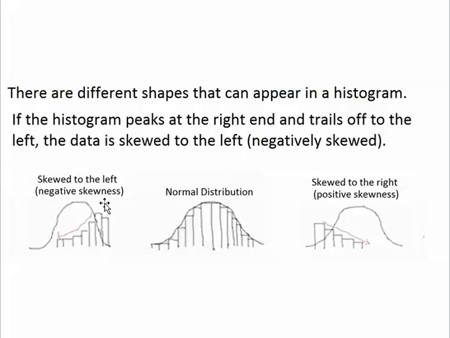Skewed to the left means that it actually peaks at the right end and trails off to the left. And skewed to the right means it actually peaks at the left end and then trails off toward the right direction. So these names can be a little bit misleading because it's not named after the side that it peaks on, it's named after the side that it trails off toward.